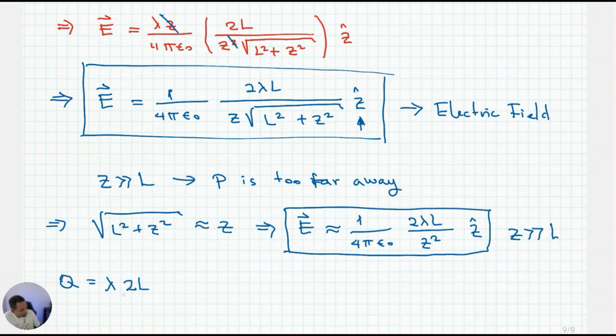We can replace this expression right here too, and we can get something like this: E approximately equal to 1 dividing 4 pi epsilon 0, and this is going to be Q dividing z squared along the z axis.